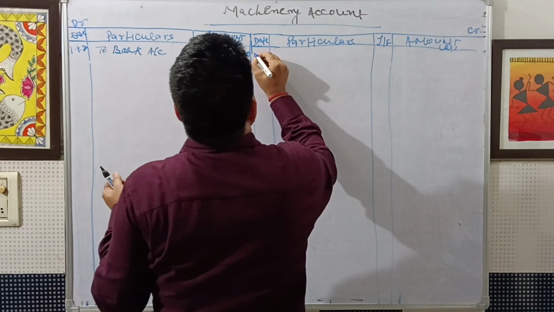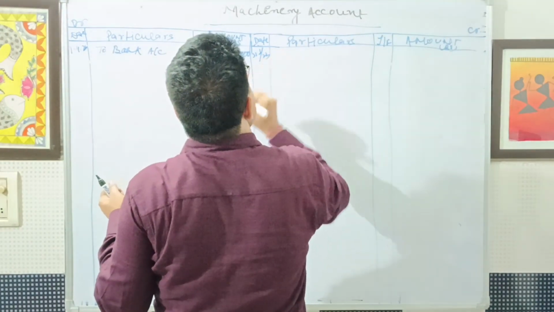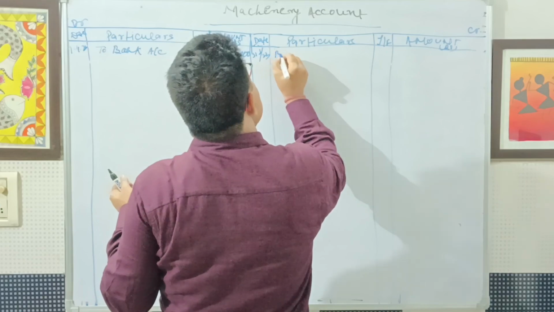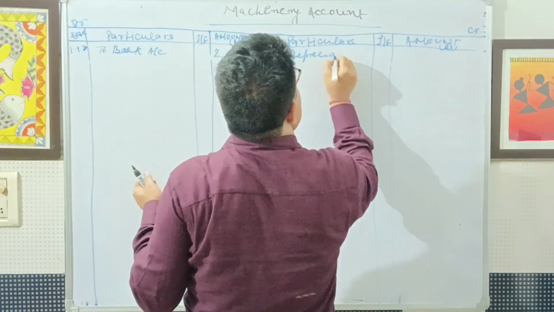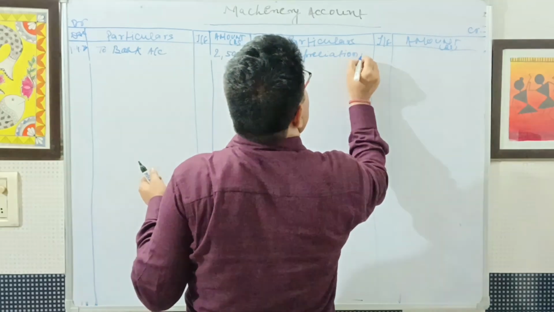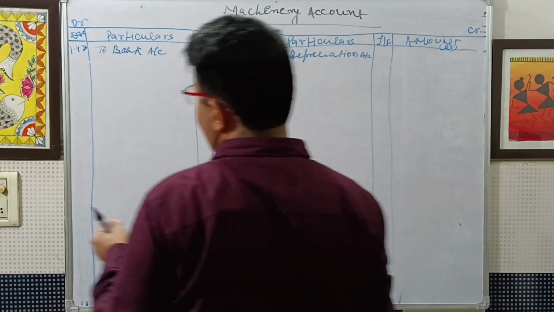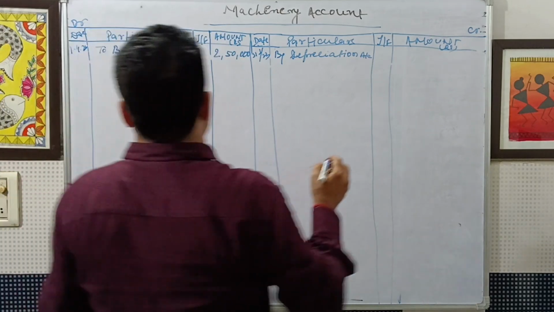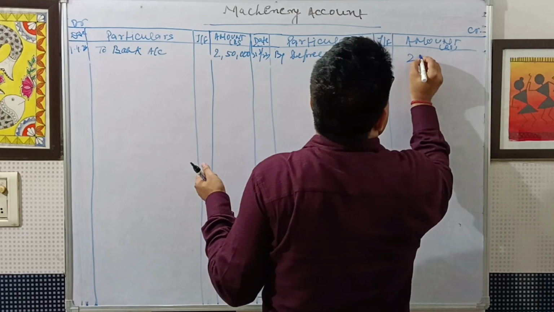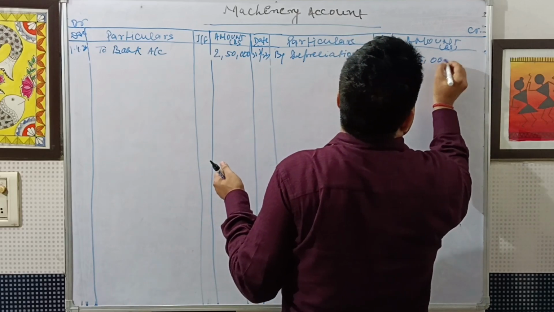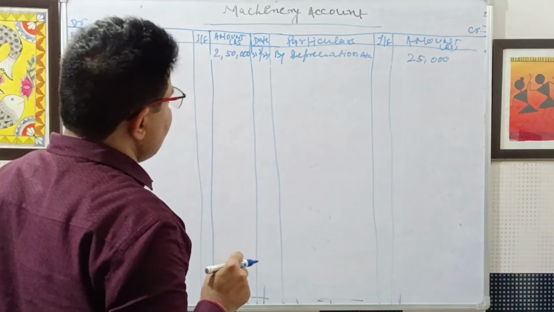So depreciation charge, 31st March 2023, by depreciation account, how much? 2,25,000, because the depreciation is charged at the rate of 10%.